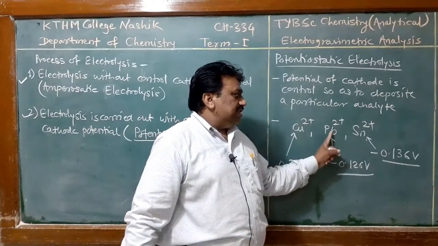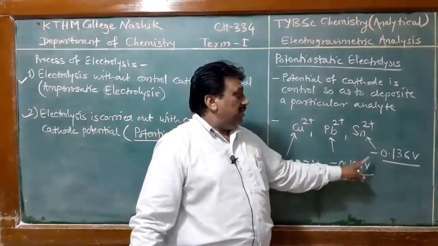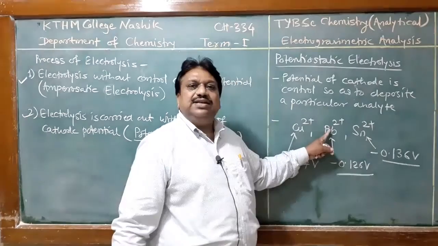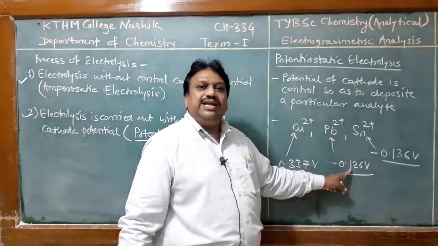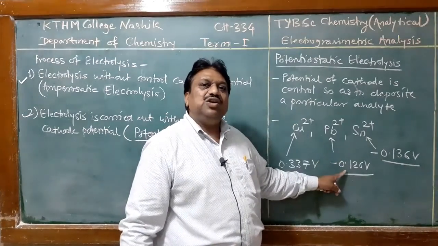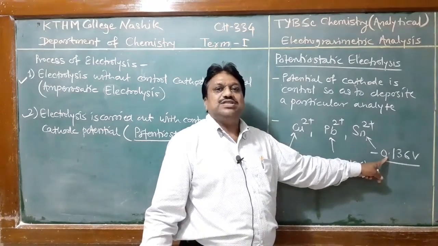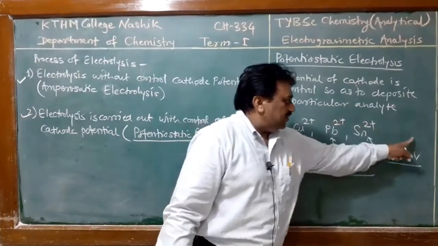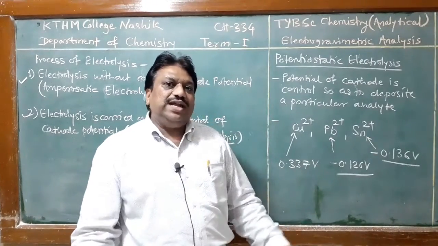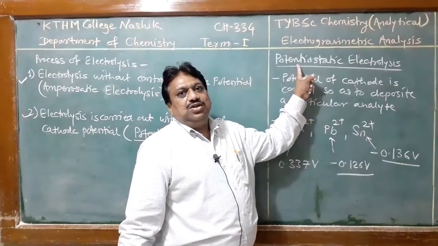But it is difficult to separate lead ion and tin ion by amperostatic electrolysis, because when we deposit lead and its concentration decreases, there is demand for more potential, and at that time reduction of tin may become possible. Therefore, metals whose reduction potentials are closely related are electrolytically separated by controlling the cathode potential, and that is called potentiostatic electrolysis.